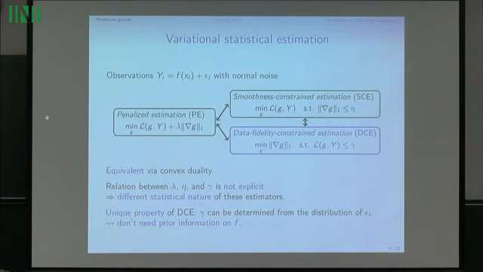So here I repeated the model we're considering: observations are function plus noise. In this case, you have a chance of determining gamma just depending on the noise. In particular, you don't need any information on the true function f in order to determine it. So you don't have to assume, as you would have to assume in this case, that your function f has total variation norm equal to this, and then you can estimate well.